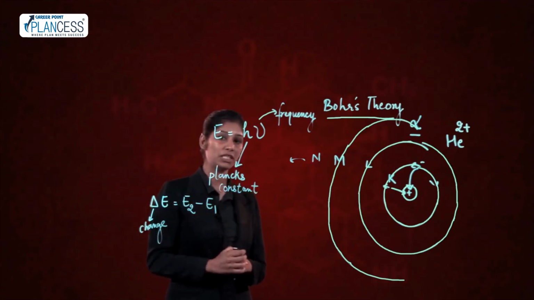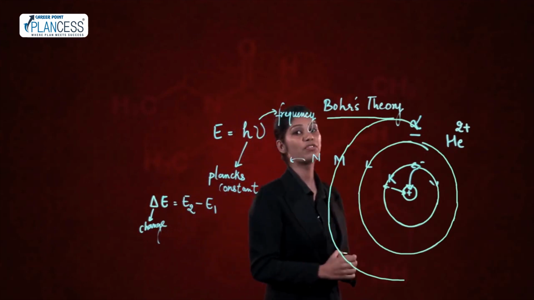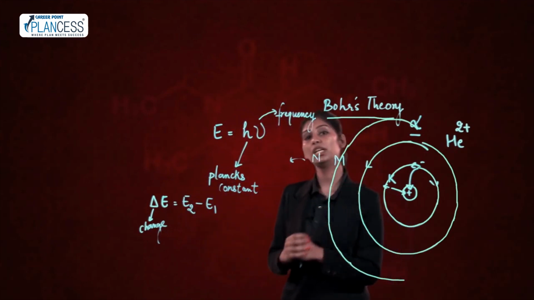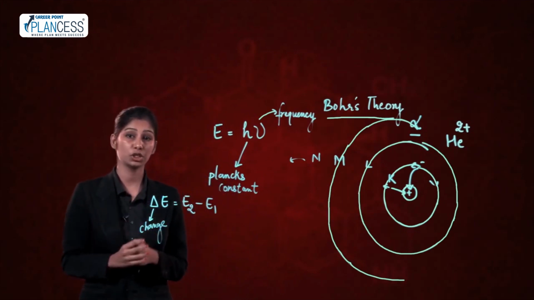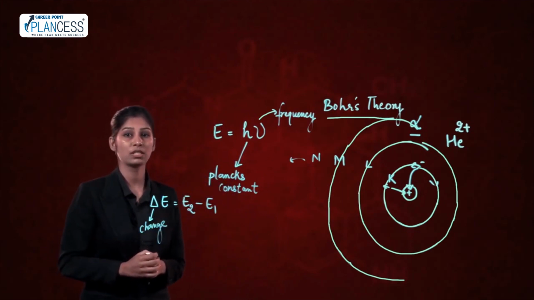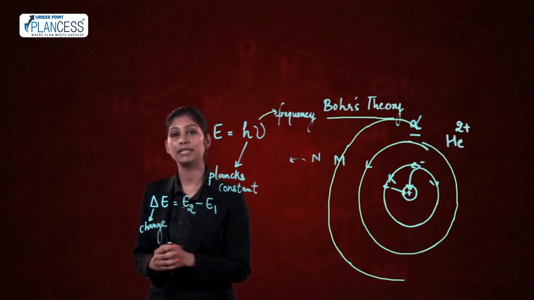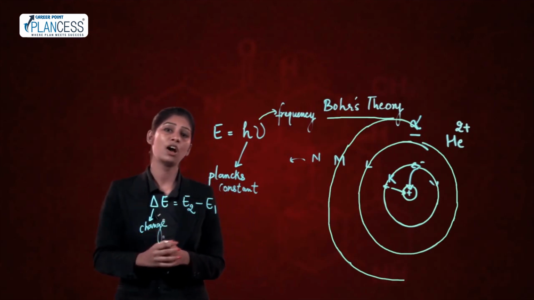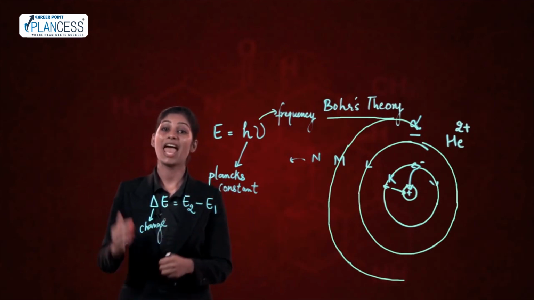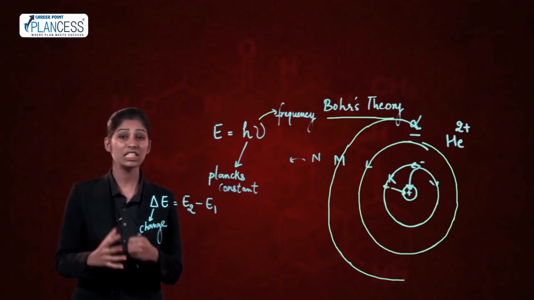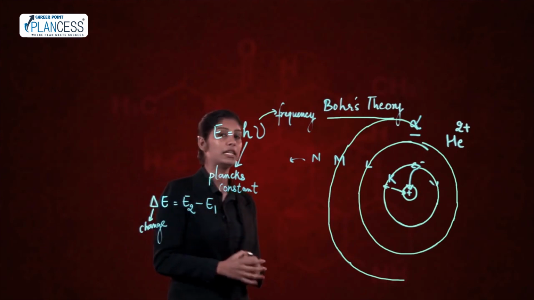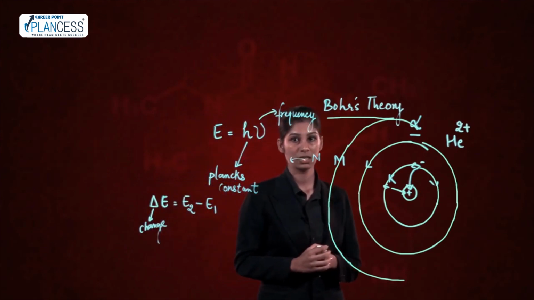Sir Chadwick bombarded a beryllium sheet with alpha particles, which emitted a stream of radiations. These radiations remained unaffected in the presence of electric or magnetic fields, and these are called neutrons. These particles did not carry any charge.